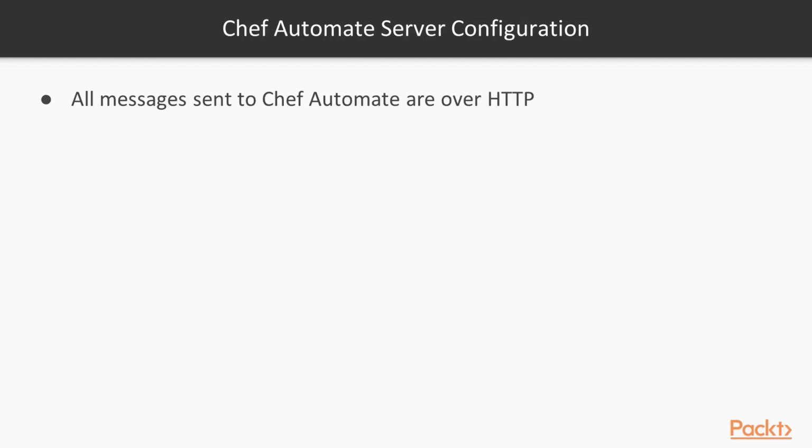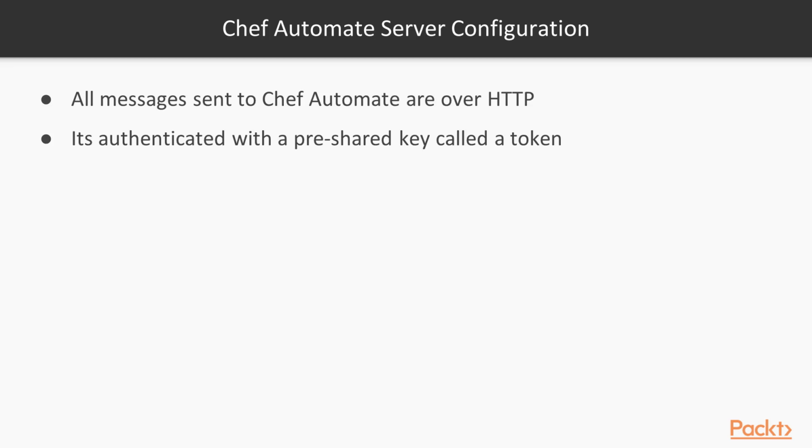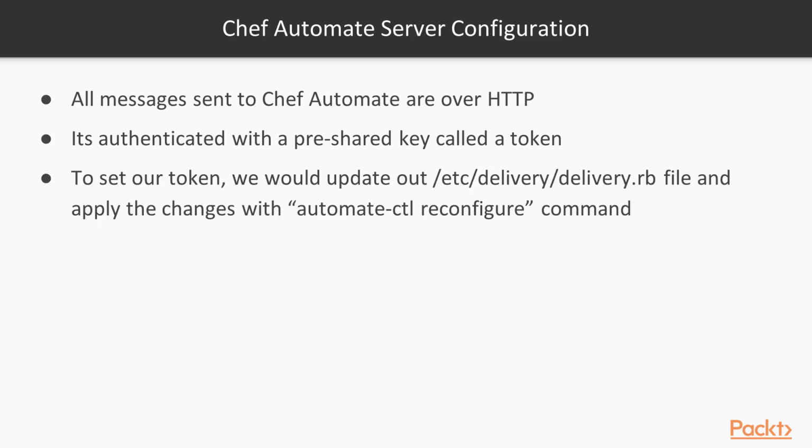Any communication between the Automate server and the Infra server happens on HTTP, and it is authenticated by a pre-shared key called a token. We will set this token in the delivery.rb file, and we will apply the changes on the Automate server using the reconfigure command.